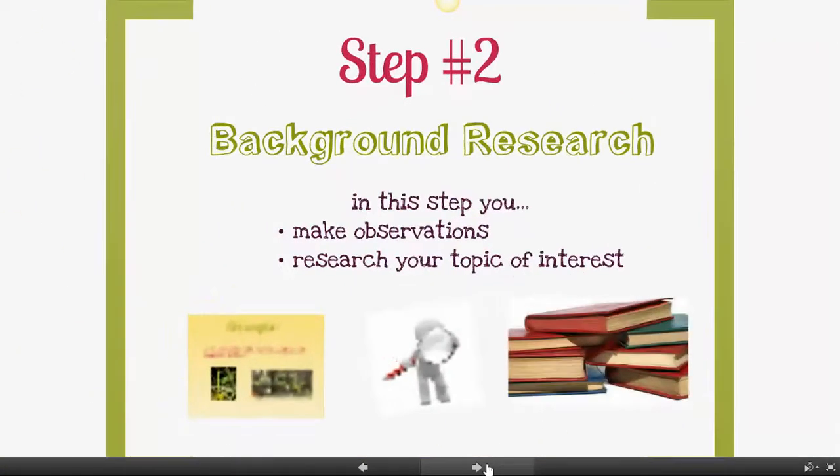Step number 2, we have to do some background research. We do this because we want to gain enough knowledge to be able to set up a good experiment, an experiment that is testable, something we can measure, and it helps us get our most accurate results. In this step, we would make observations and maybe research our topic of interest.